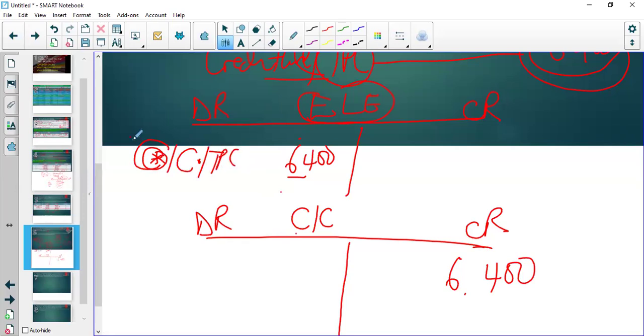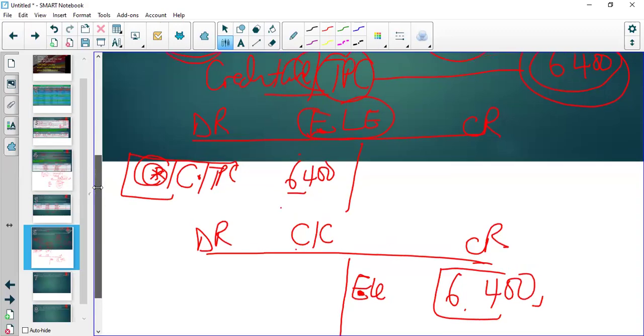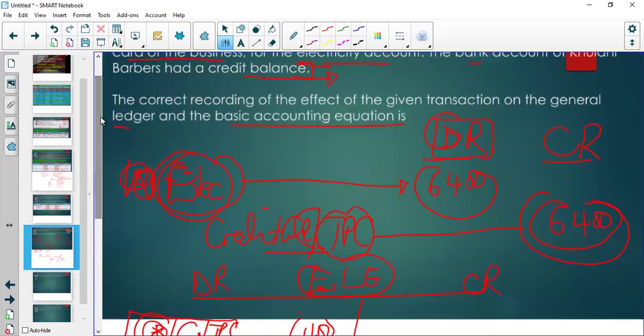So that's the description you're going to put here. And when you record this 6,400 here on the credit side, you need to explain where the other entry was made. So the other entry was made in the electricity account. Right. So now this is how your general ledger will look.